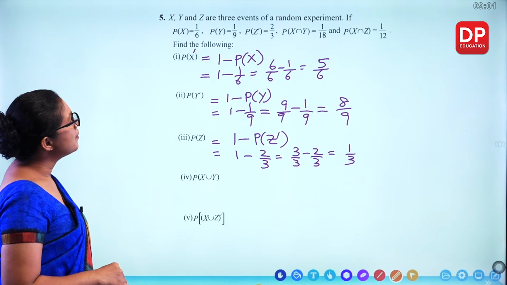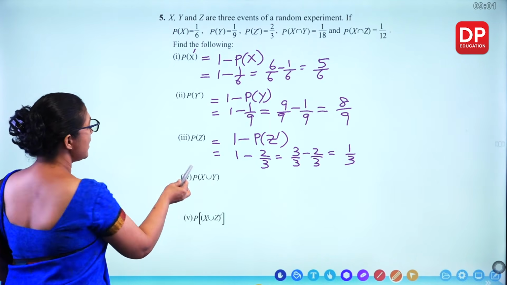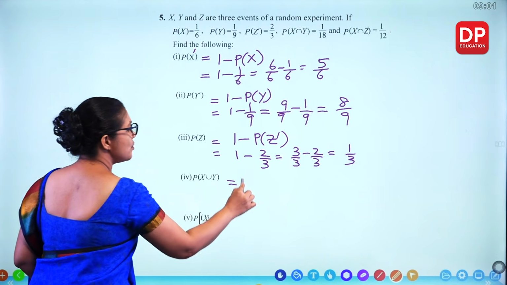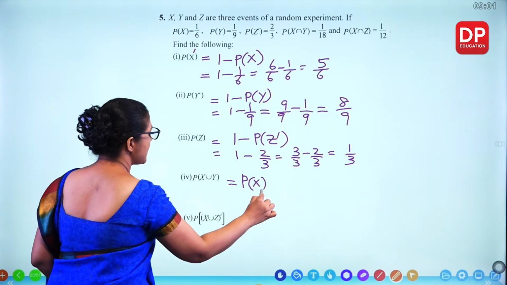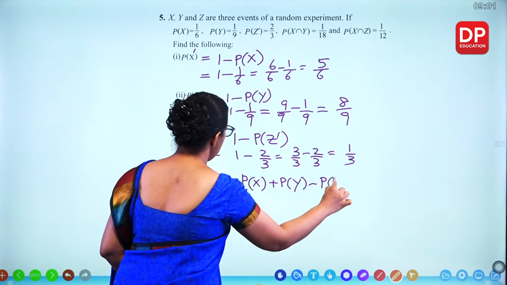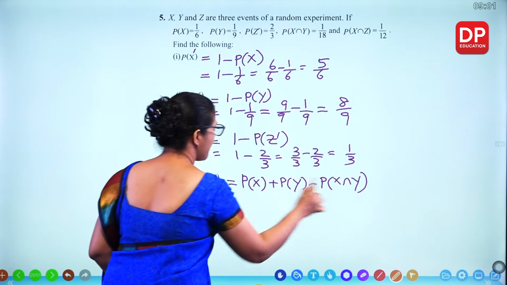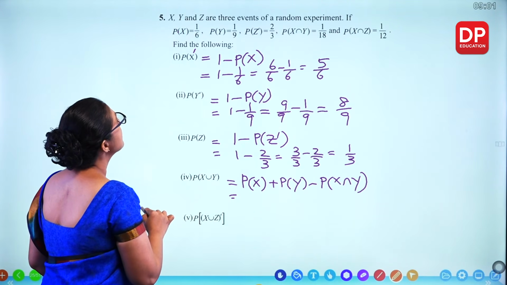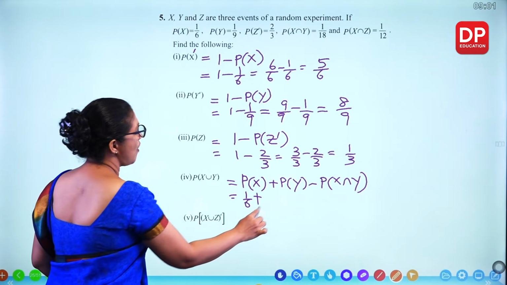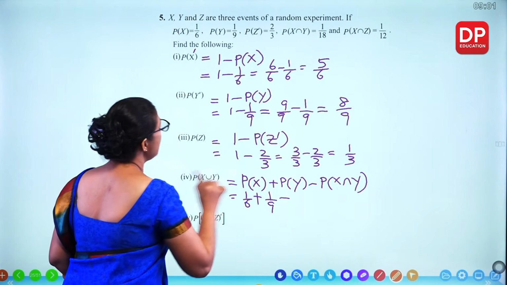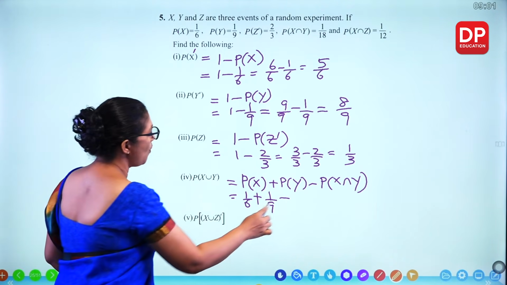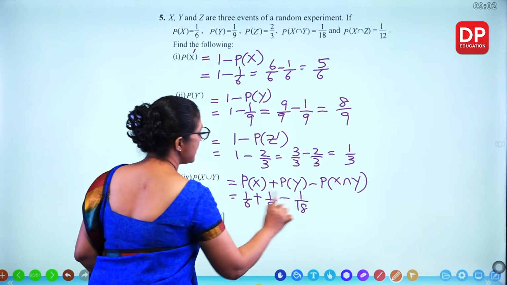X union Y. I can use the formula to find out the union. Union is equal to Px plus Py minus Px intersection y. Px is 1 over 6, Py 1 over 9, intersection is 1 over 18.